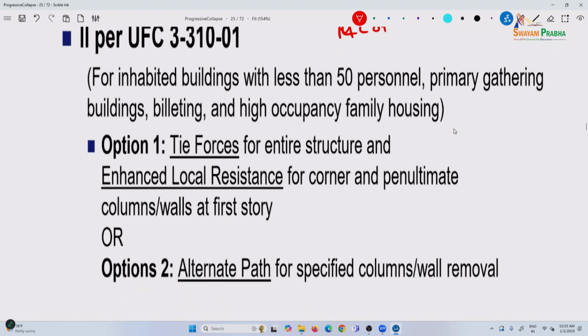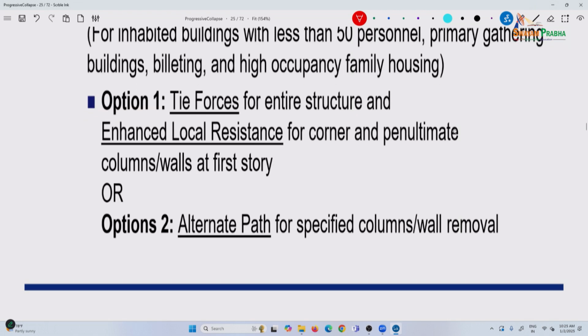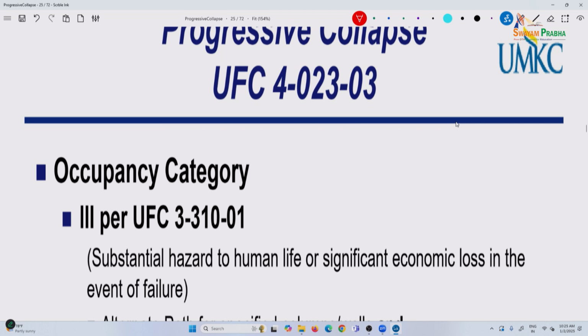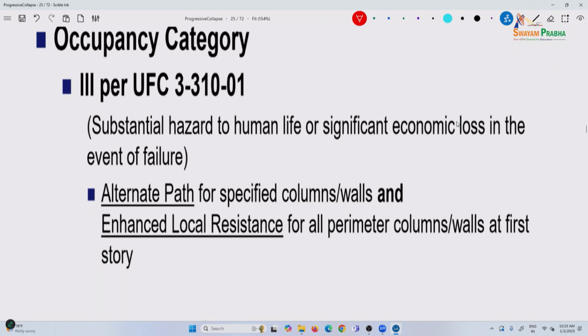As you see the occupancy category increases, the tie options exist. You have here tie forces and enhanced local resistance or APM. So you don't need to remember it, but guidelines are provided, and as the occupancy category increases, you are required to do both.